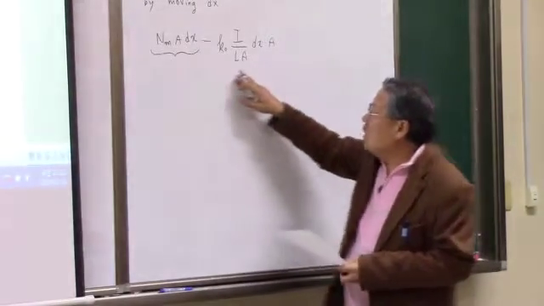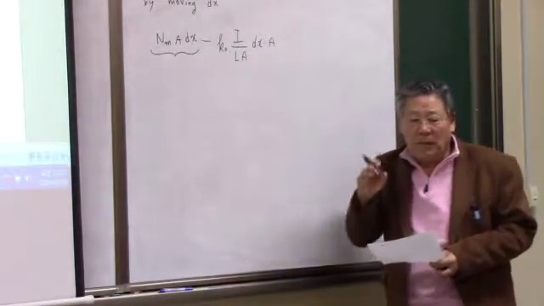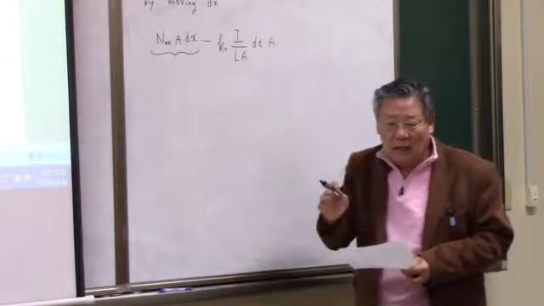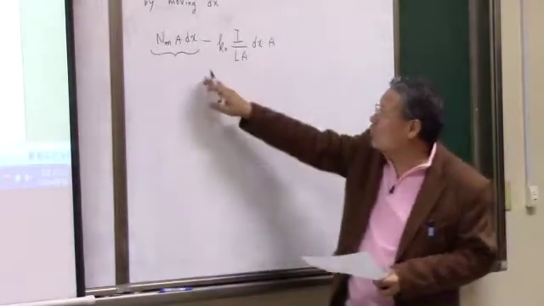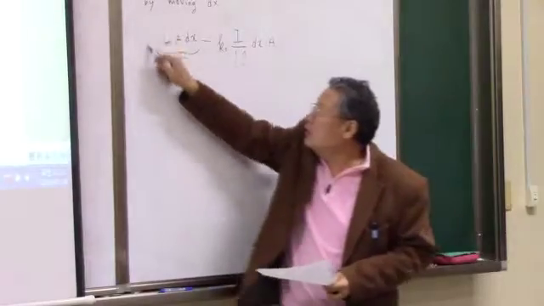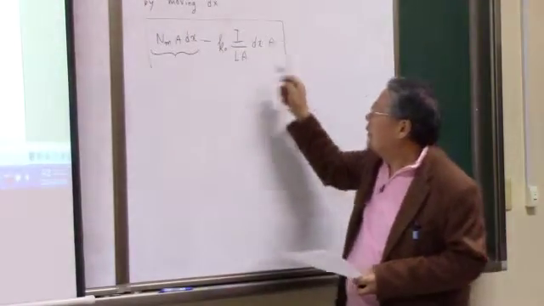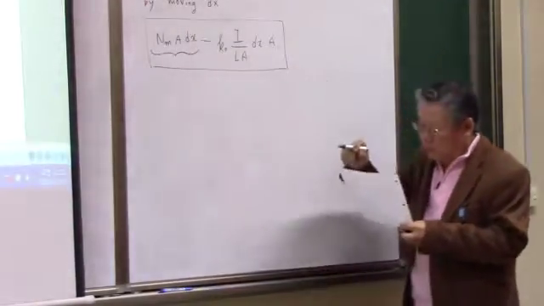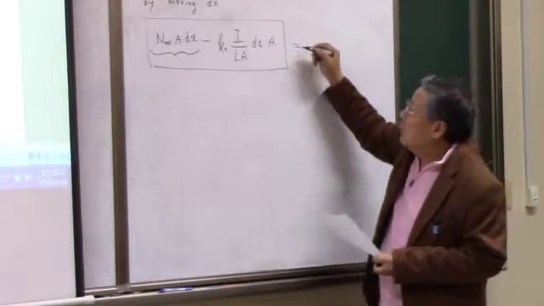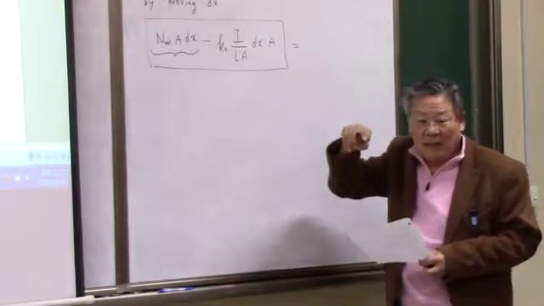So the total change of the amount of dopant atoms in the molten zone is going to be this much, with the moving dx of the molten zone.